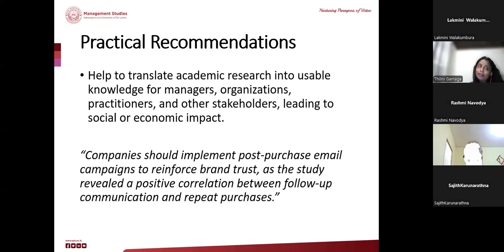Basically, practical recommendations help to translate academic research into usable knowledge for managers, organizations, practitioners, and various other stakeholders, leading to a social and economic impact. So that is very important.